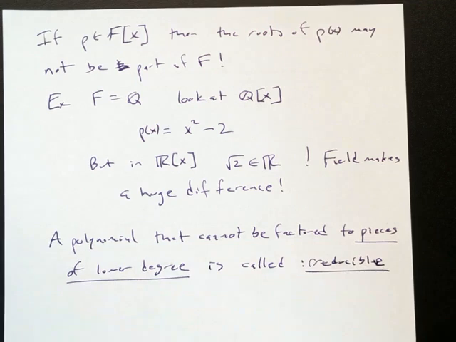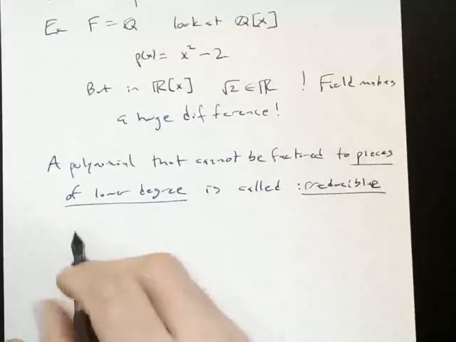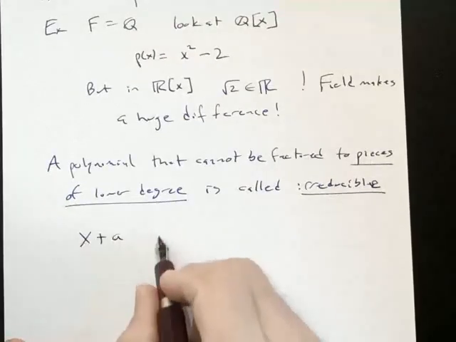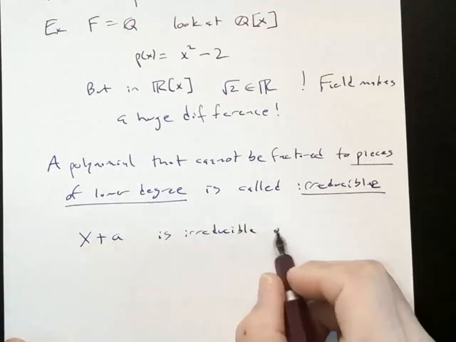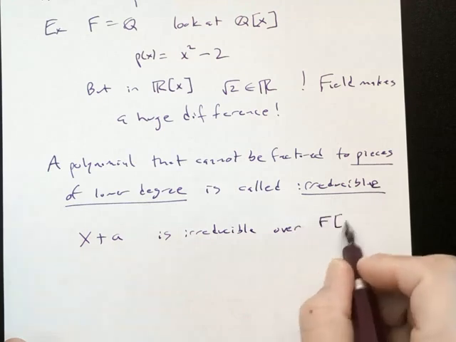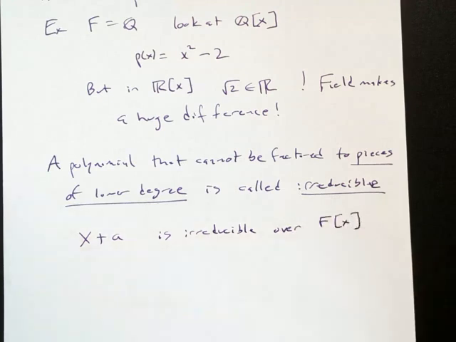And I think of irreducible as, I can't reduce the power as I factor. Linear factors are irreducible, because there's no way to make the power any smaller than 1 by factoring.